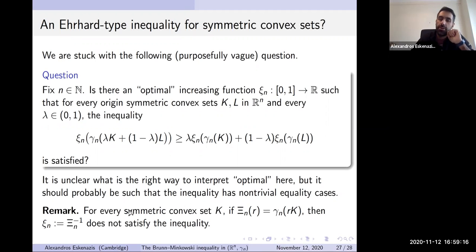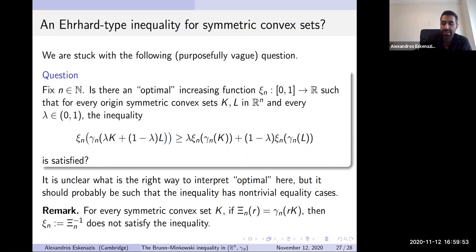So in particular, you could think of the following situation: you can take this function capital Xi n at R to be gamma n of R times K, and you could ask, is it true that the little psi n equal to capital Xi n inverse satisfies this inequality? Now, if this were true, the inequality would be an equality for all multiples of the given convex set K. And what we know is that this cannot happen. So the function psi n cannot be that simple.